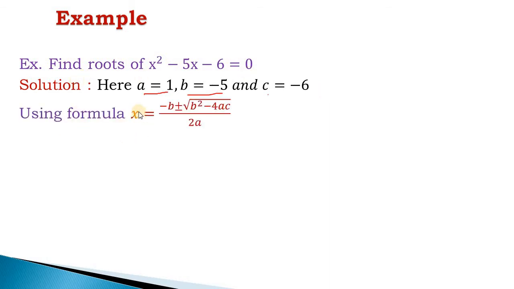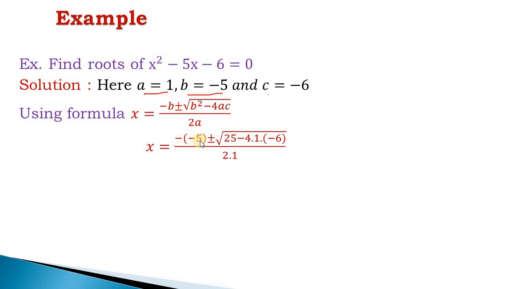So we use the formula x is equal to minus b plus minus square root of b square minus 4ac upon 2a. So my value of b is minus 5. So minus times minus 5 plus minus square root of b square, 25, minus 4 times.